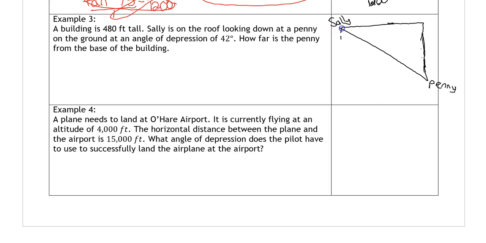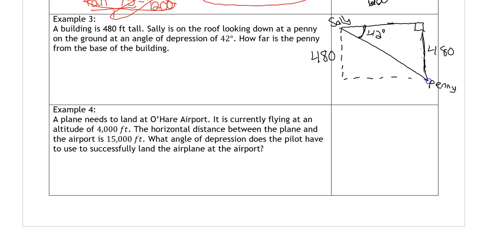So really, my building, that's Sally on the top of the building, and my penny is over there. Here's my right angle. A building is 480 feet tall, so both of those are 480. And the angle of depression is 42.